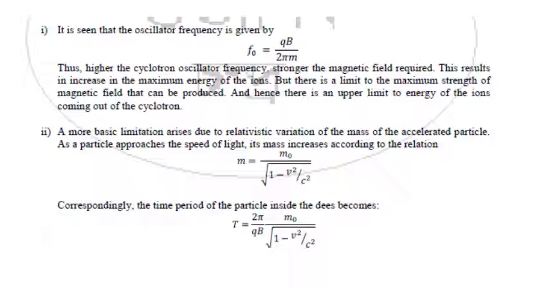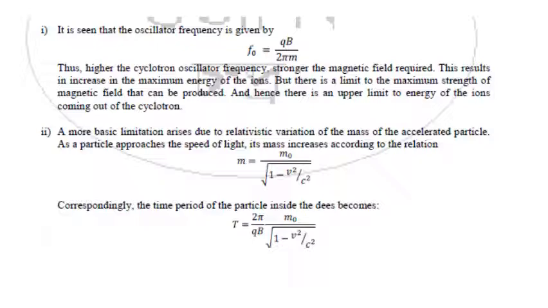If this is the RF frequency, then the higher the cyclotron frequency, the stronger the magnetic field needed. This results in an increase in the maximum energy of the ions. But there is a limit to the maximum strength of magnetic field that can be produced, and hence there is an upper limit of energy of the ions. So this is limited by magnetic field B.